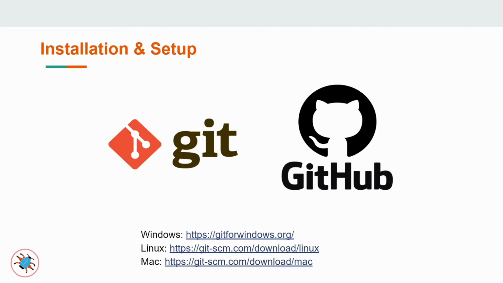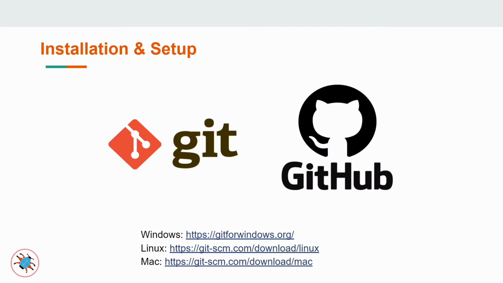So in this section of the video, we are going to be looking at the installation and the setup. We're going to be seeing how we can install Git on our computer, and also how we can set it up, and then of course set up our GitHub account.